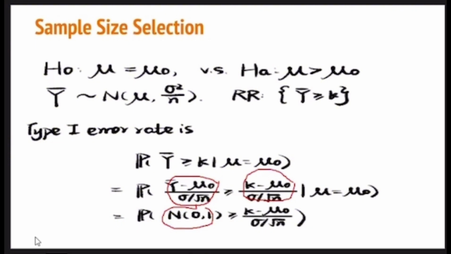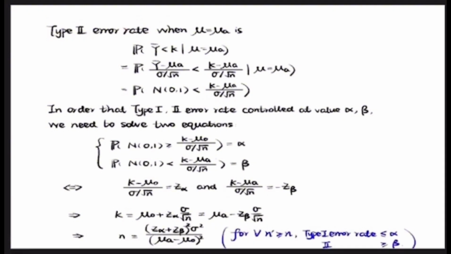Okay, now what do you see? The probability of type 1 error rate depends on the sample size. Does that make sense? If that depends on the sample size, can we also approach that of the type 2 error rate the same way? Of course, if I want to do type 2 error rate, oh my God, what has happened now?